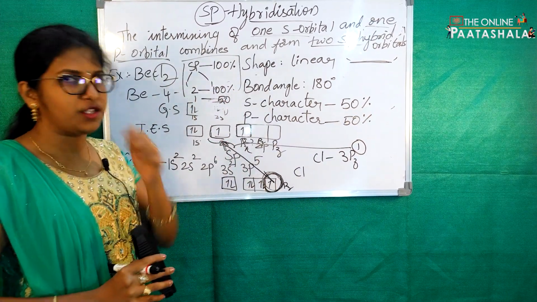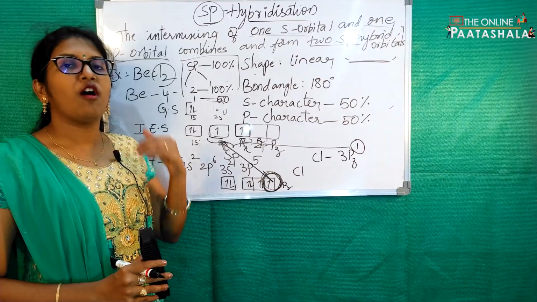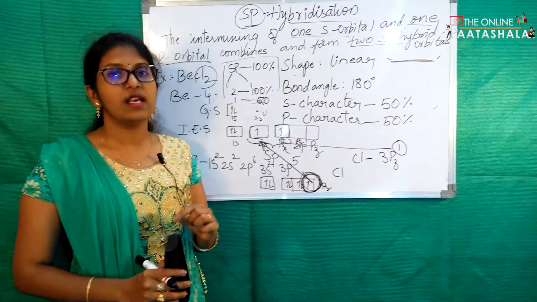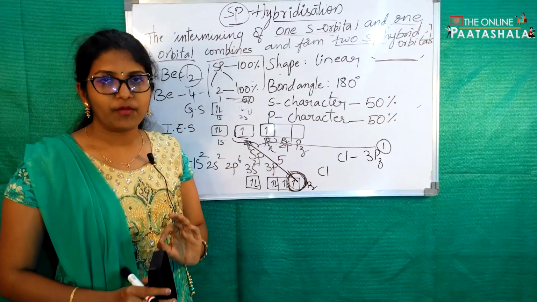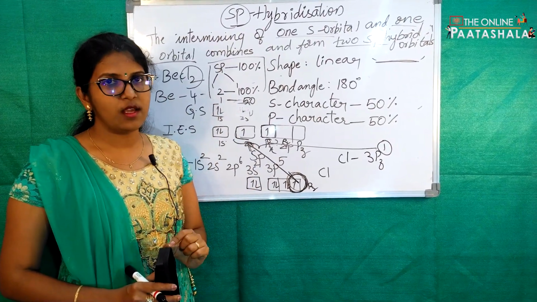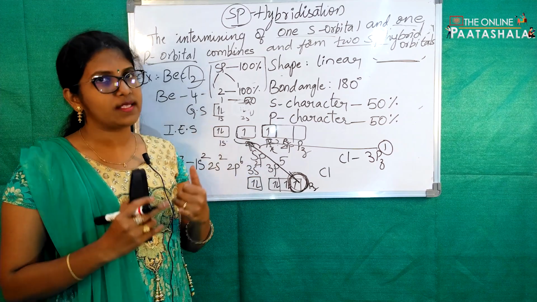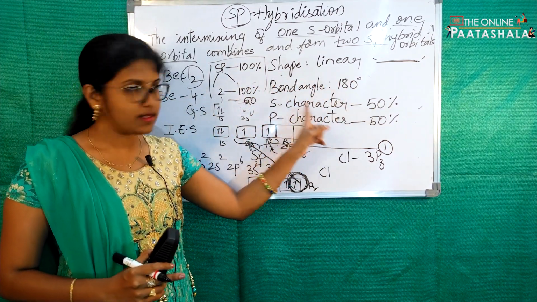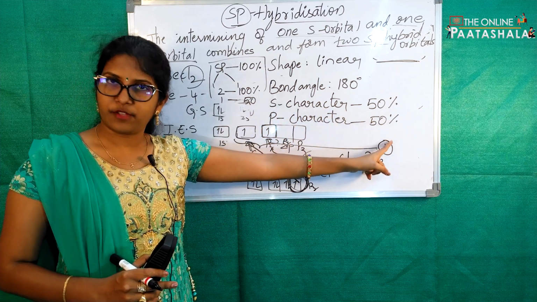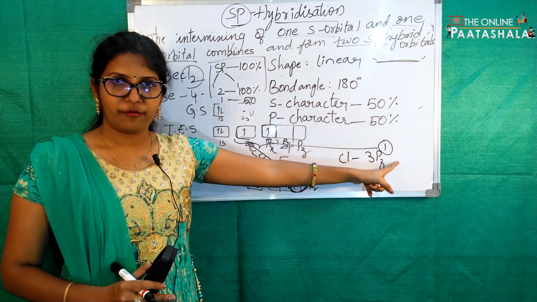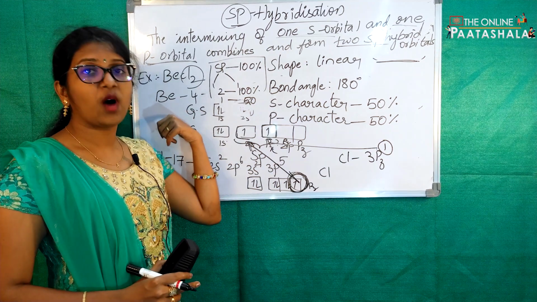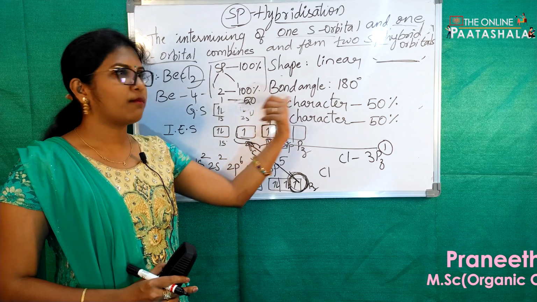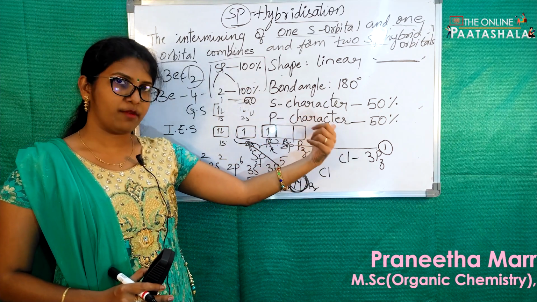Whenever in the examination you get this for 2 marks or 4 marks, first and foremost you need to write the definition. What is sp hybridization? After that, what is its shape? It is linear. What is its bond angle? 180 degrees. What is its s character? 50%. P character 50%. And next, how is the hybridization showing? One s orbital and one p orbital combine to form two sp hybrid orbitals.